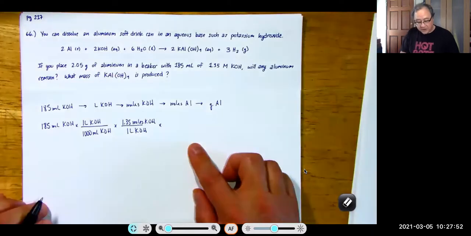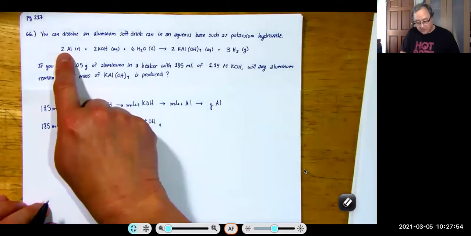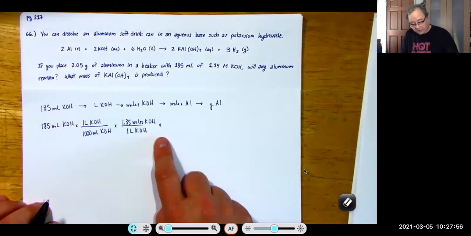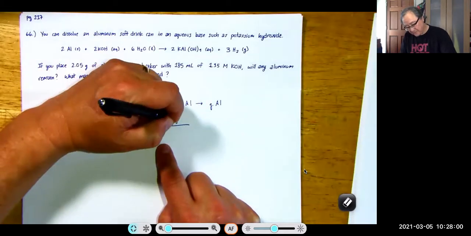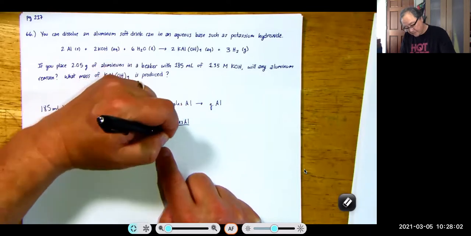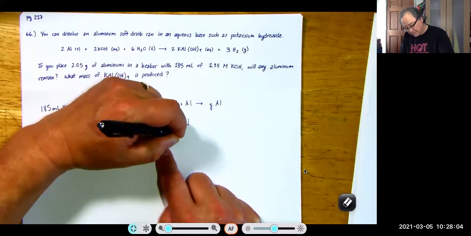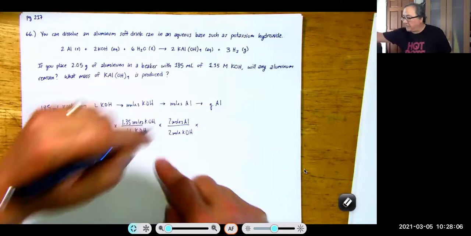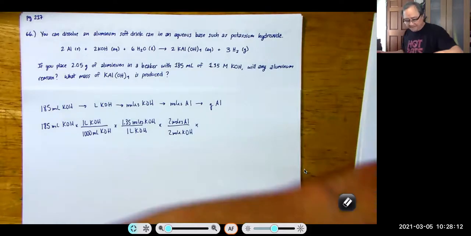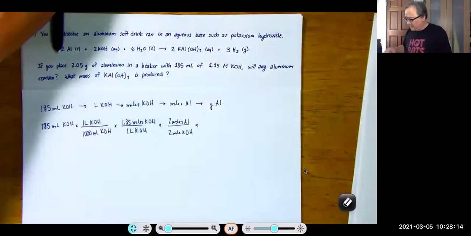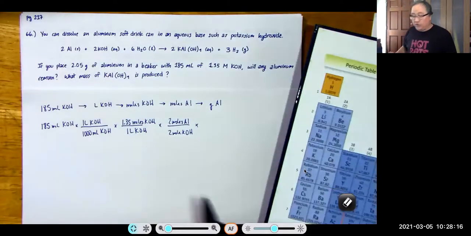And then the mole ratio is 2 moles of aluminum to 2 moles of KOH. And then finally, we need the molar mass of aluminum, which I believe is 26.28, but I'm going to double check with my book. Well, 26.98.